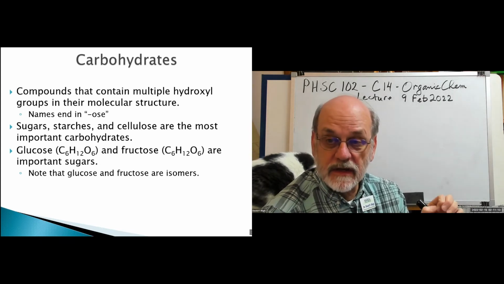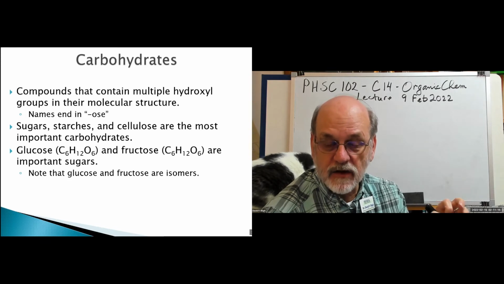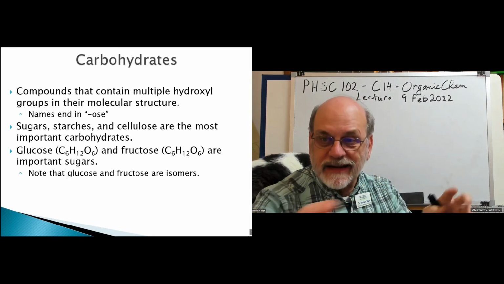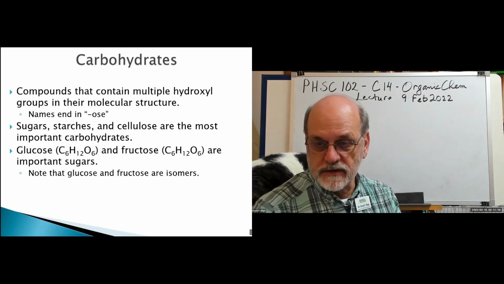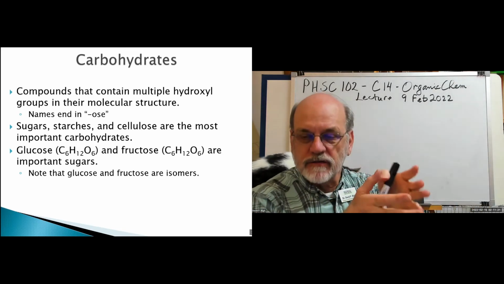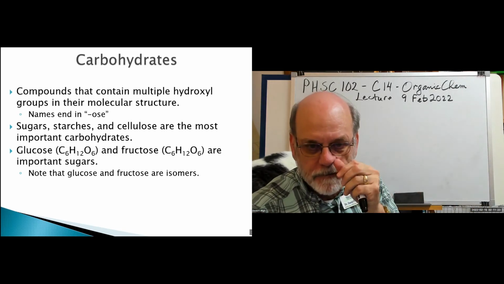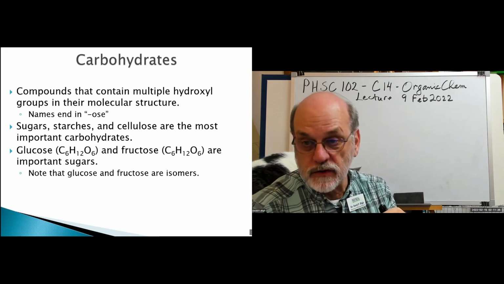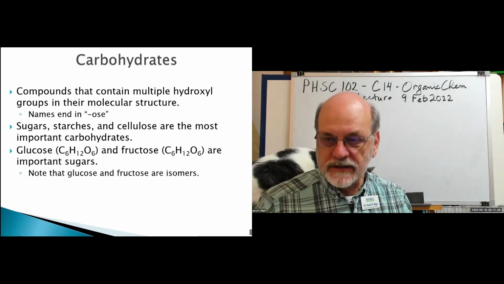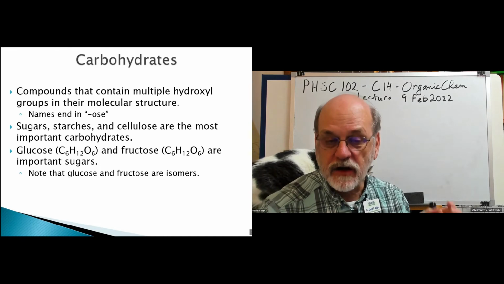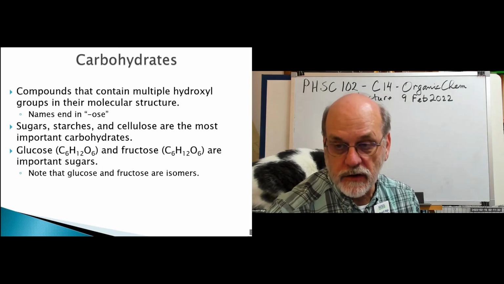So what happens is the companies that make it take cornstarch and break it down. Starch is a big molecule with lots of glucose units in it. And they'll take that and break it down and convert a lot of the glucose into fructose.